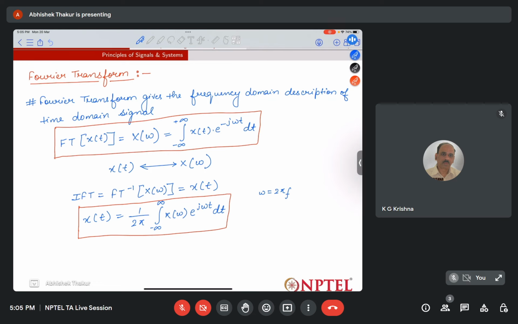We will see some of the basic signals. Before that, we will see the conditions for existence of the Fourier transform. First of all, signal x(t) should be absolutely integrable.